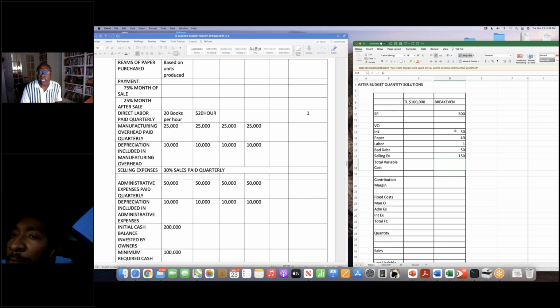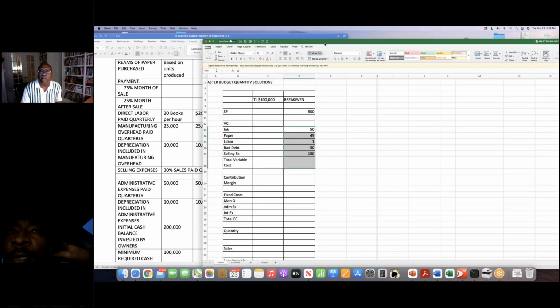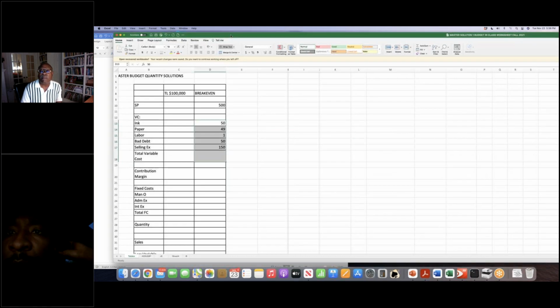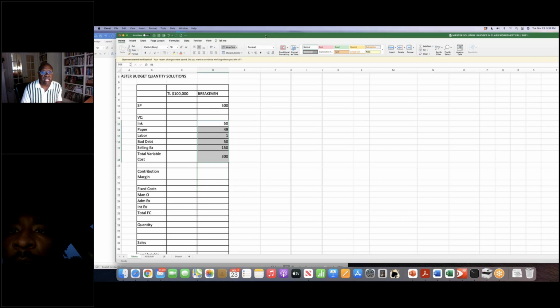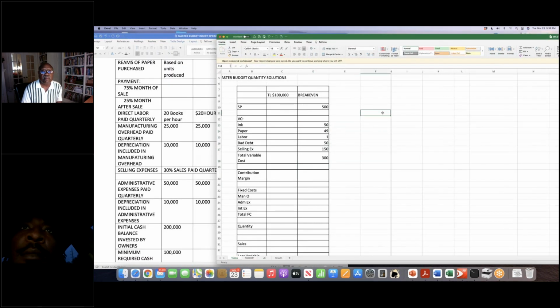So we can add all of these up. And our total variable cost is going to be how much? $300. So what's your contribution margin going to be?